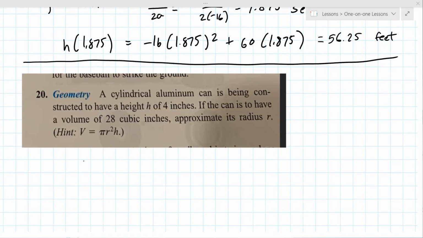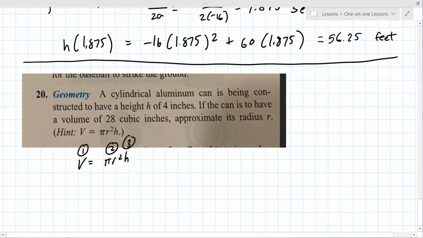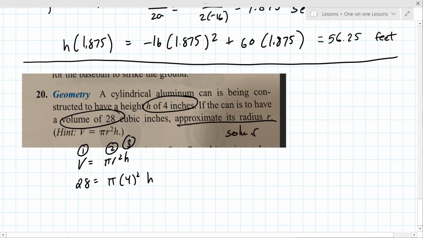So there's three unknowns, but they give you the height of 4 and the volume of 28. When it says approximate its radius, it wants you to solve for r, and then use a calculator if you need to.